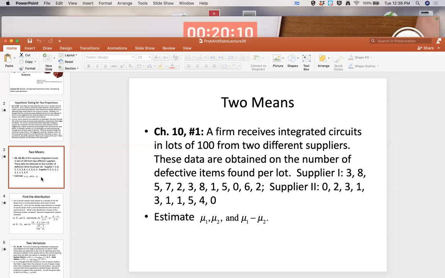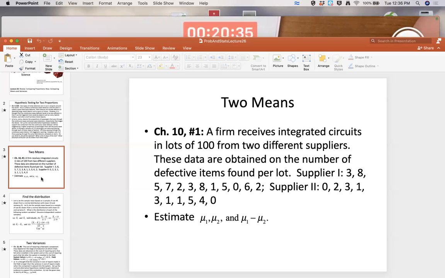So you see the numbers there? Pretty simple problem here. It says estimate mu1 and mu2 and mu1 minus mu2, means of numbers of defective items in a lot of 100 from each supplier. This is described in terms of means, but we could think in terms of proportions on this problem.